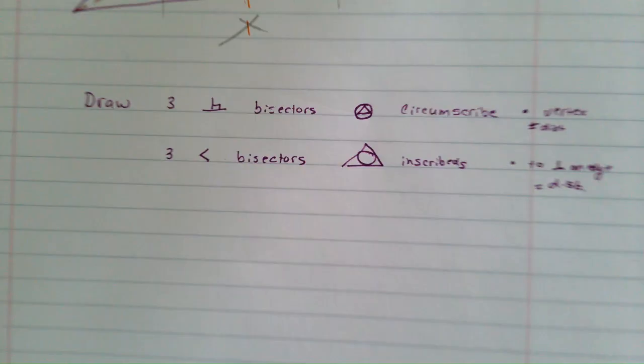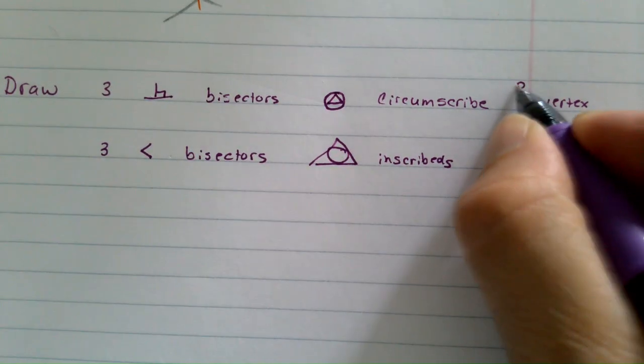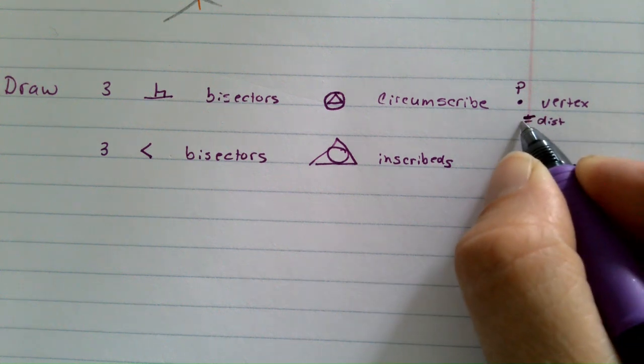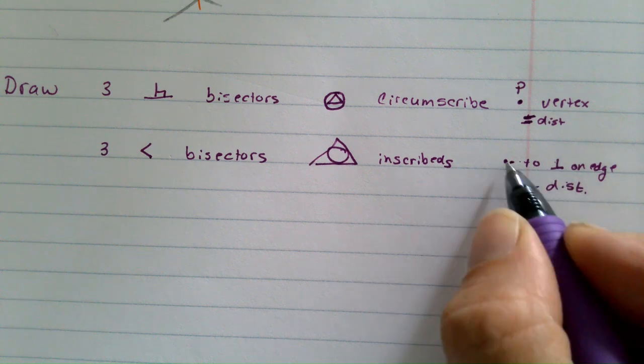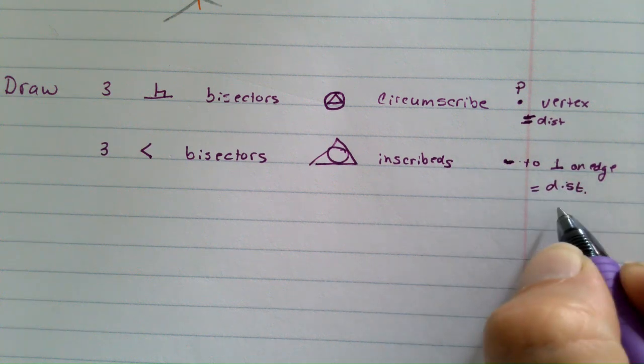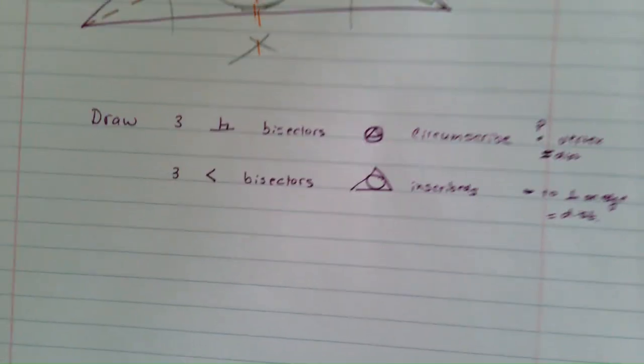Okay, so I probably should write that bigger or just zoom in. So the center to the vertex will be equidistant here. The center to a perpendicular on the edge will be equidistant. So what would you do with that? Okay, it's just understanding the difference here.